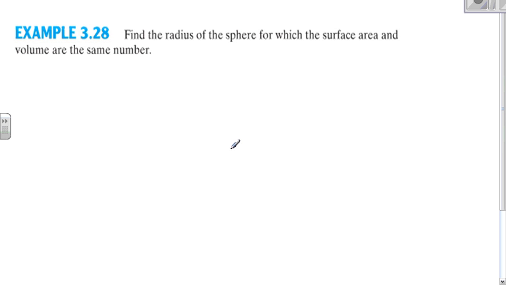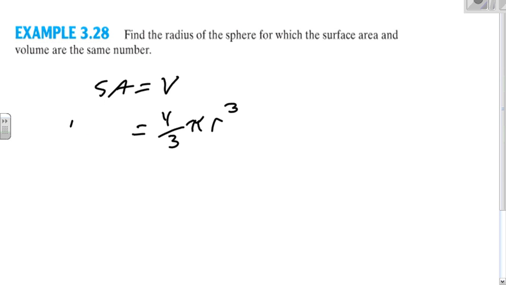Our final example here says to find the radius of a sphere if the surface area and volume are the same. So if surface area equals volume, volume is 4/3 pi times radius cubed.